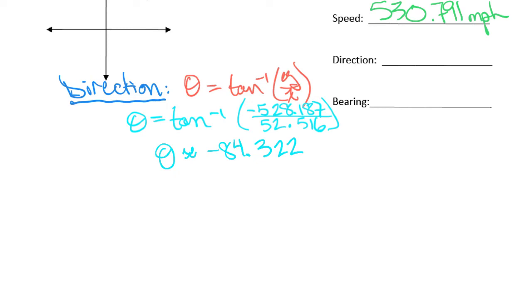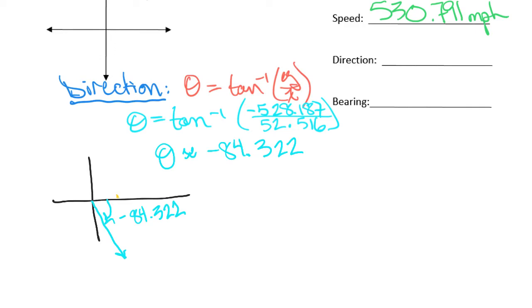But that's the direction in the standard angle measure. So negative 84, I'm rotating backwards 84 degrees, which is going to be really close to 270. So this is negative 84.322. And we always want to express our answer in the positive angle measure.